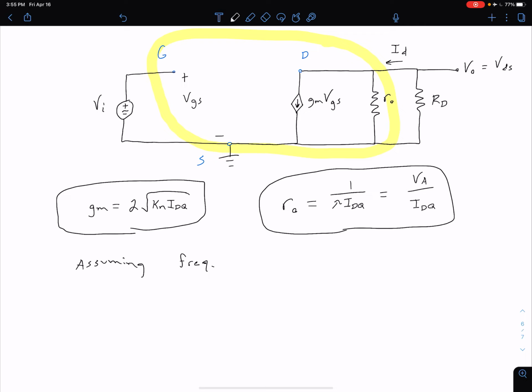So we're assuming our frequency, and we're talking about frequency of our input signal here, and therefore all of the other voltage and current signals in the circuit. So we're assuming frequency is sufficiently low so that our gate capacitance is negligible, or in other words, acting like an open circuit.